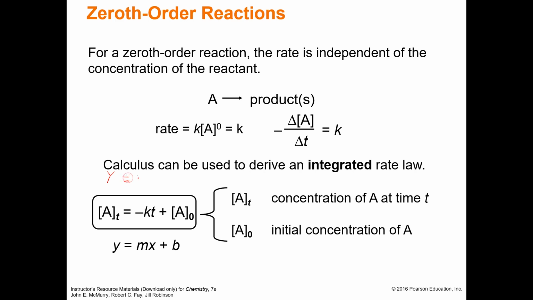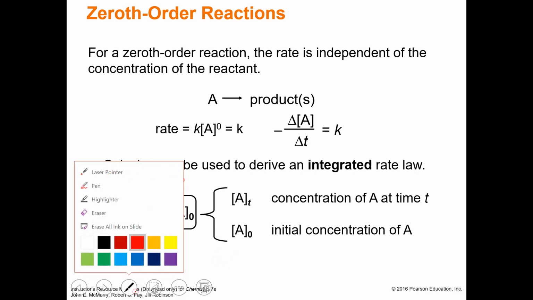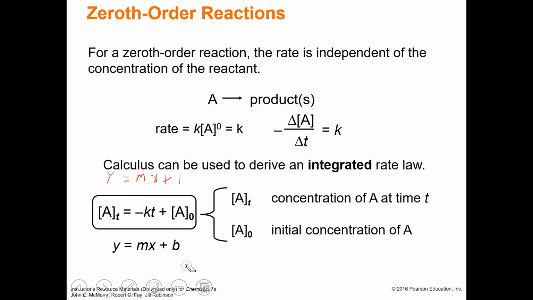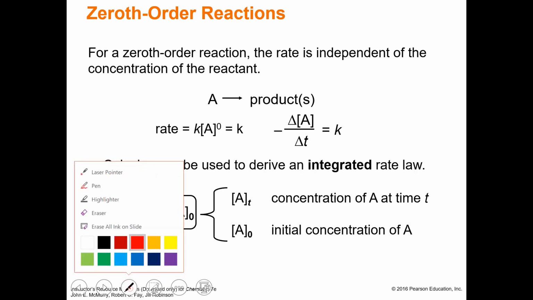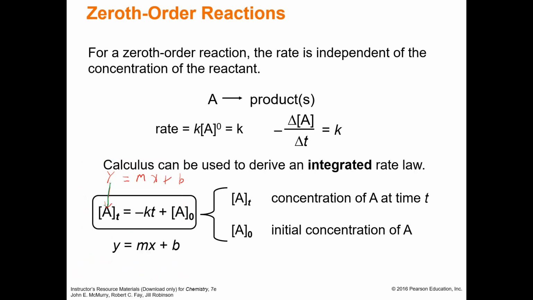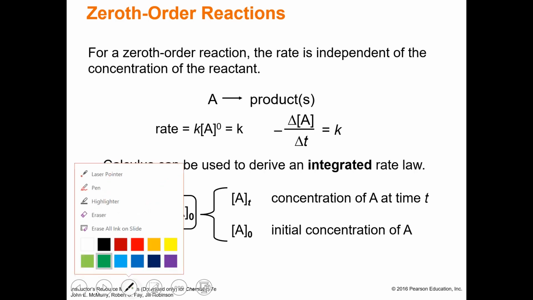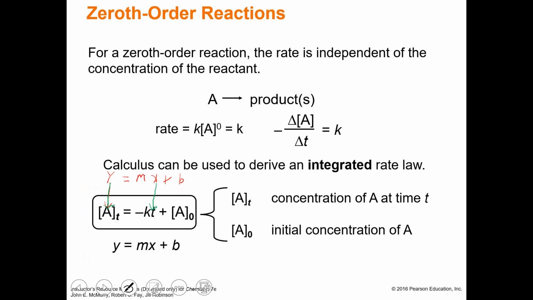So if we write our integrated rate law for our reaction and we plot this, if we plot the concentration of A at a particular time, and we plot T as our X and the concentration of A is Y, the slope of our plot is equal to the negative of the rate constant, as we mentioned.